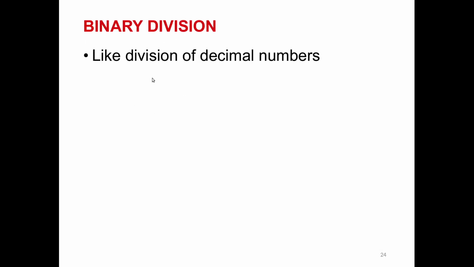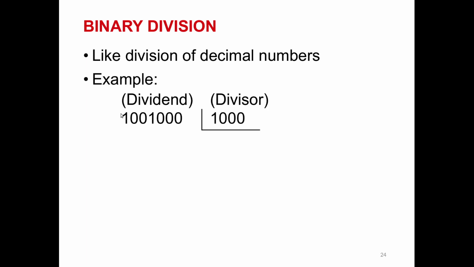Here we have an example of how the binary division works. It will work similar to the division in decimal. For example, we have a dividend 1001000 and a divisor 1000. This is 72 divided by 8.